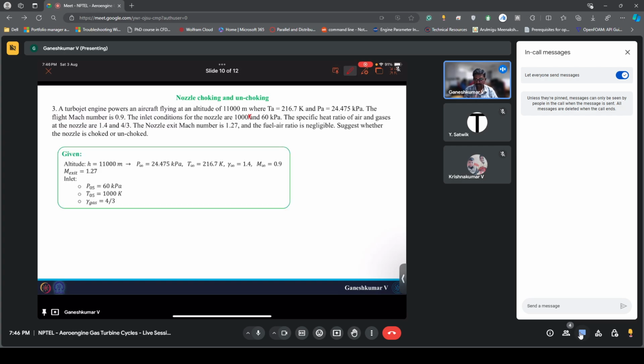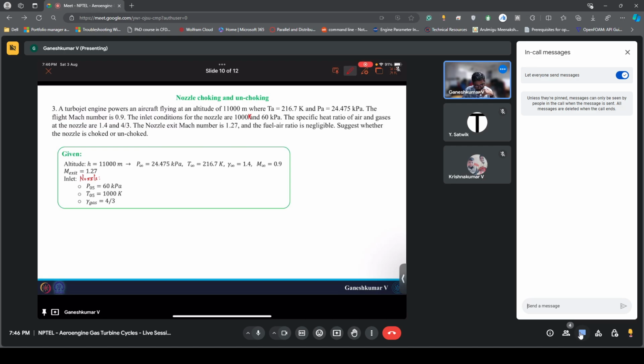So the given parameters are those we already discussed: the ambient pressure and temperature, and also the flight speed. And the exit Mach number is given, and the inlet conditions for the nozzle, which I have written as P05, T05 and gamma gas.